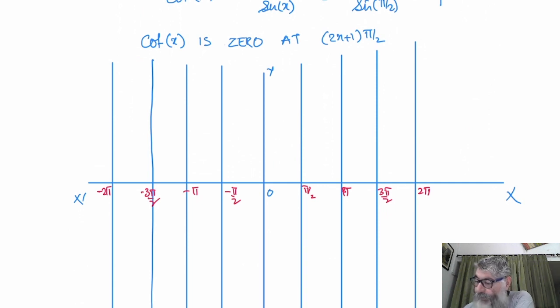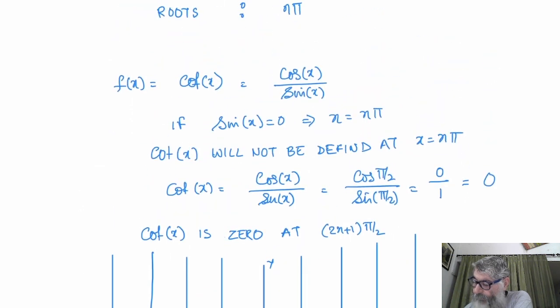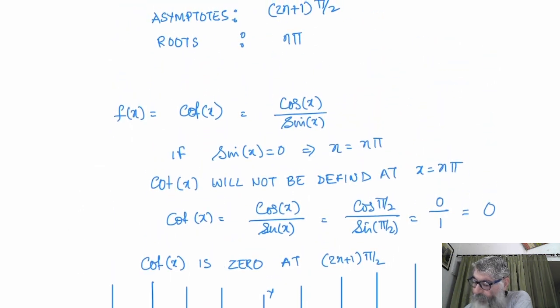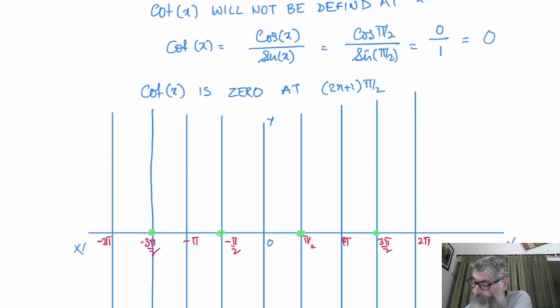It will be 0 at these places. And the curve is not defined when sin x is 0, which is at n pi.